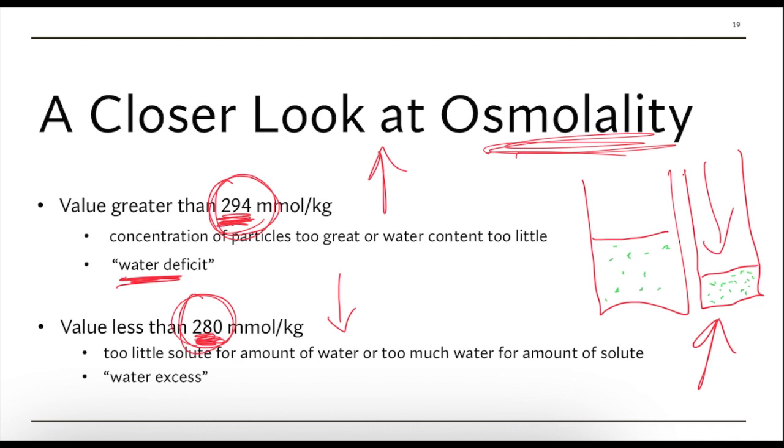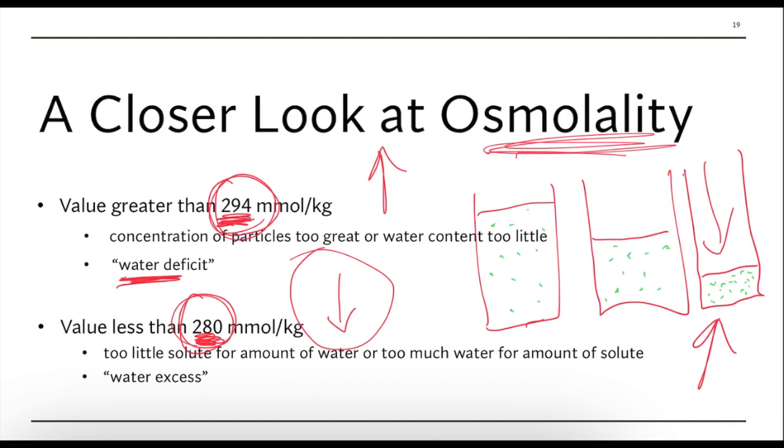The same is true when we have low osmolality. If we have gained a bunch of fluid, then our percentage of osmoles or particles to water is going to be lower, right? Because we have so much more water than we have particles. Is it telling us that we've lost particles?